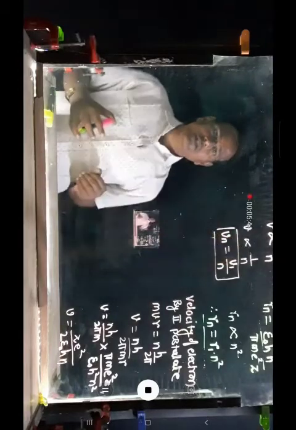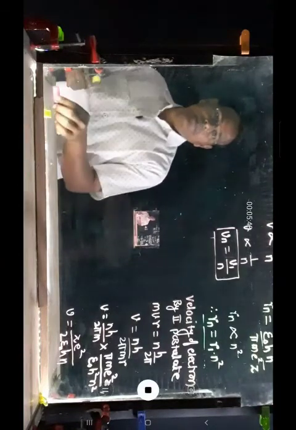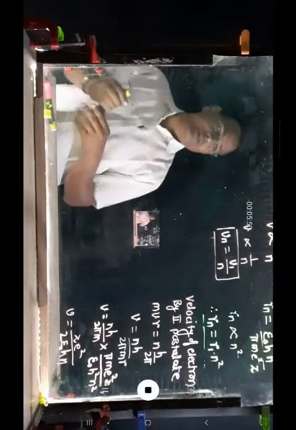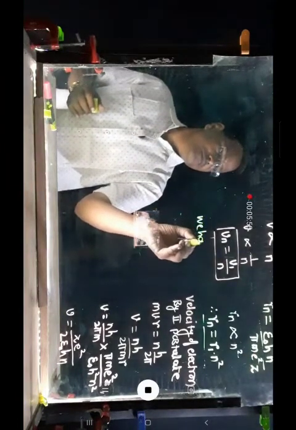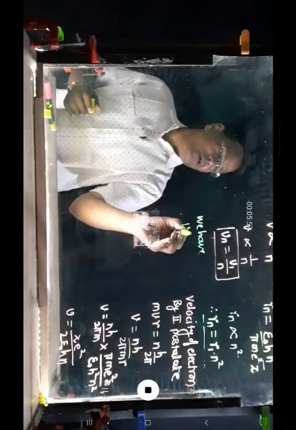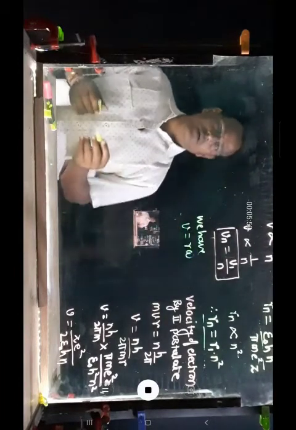Now using this relation, we can write the expression for angular velocity and frequency. We have V equal to R omega in circular motion.